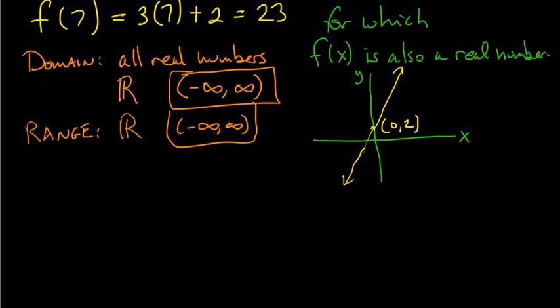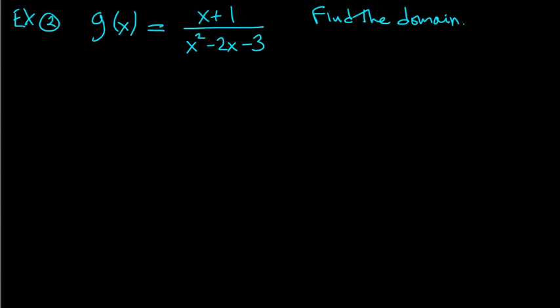Okay, so here's a trickier example. We have g of x is the function x plus 1 all over x squared minus 2x minus 3. And we want to find the domain. So how would we do that?